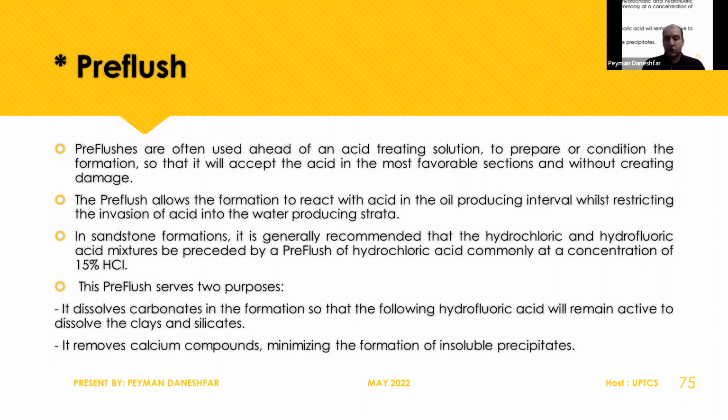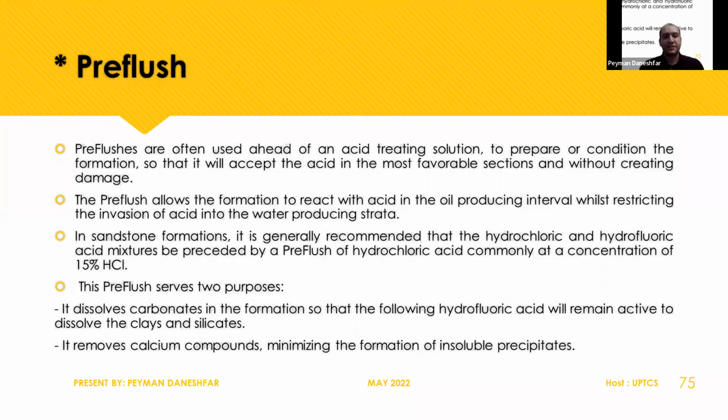So every time in acidizing, we use step 1 for pre-flushing. You remember it, not this text, only this parameter, okay? These sentences I tell you now are only for preparing or pickling the formation for the main acid.